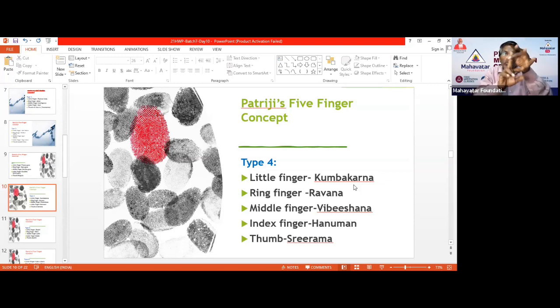Then Vibhishana, or Buddhi: our Buddhi is compared with Vibhishana. Our physical body is referred to as Kumbhakarna, our mind is compared with Ravana, and our middle finger is Vibhishana, that is Buddhi. Then, friends, finally, once you reach this soul consciousness, what happens here?